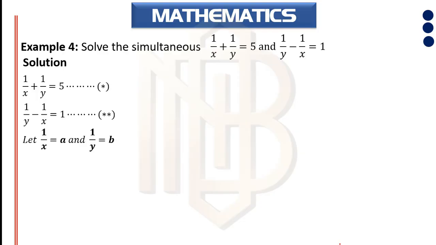So we can then do our replacement. 1 over x equals a, 1 over y equals b. So from equation star, you can simply replace 1 over x by a and 1 over y by b. And if you do that, the first equation, a plus b equals 5, is equation 1.